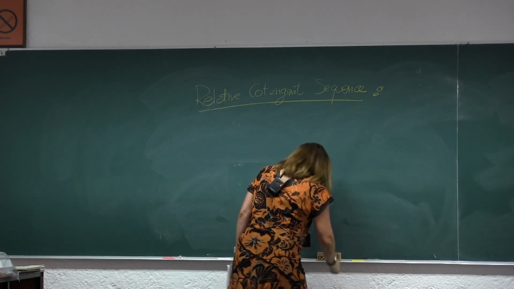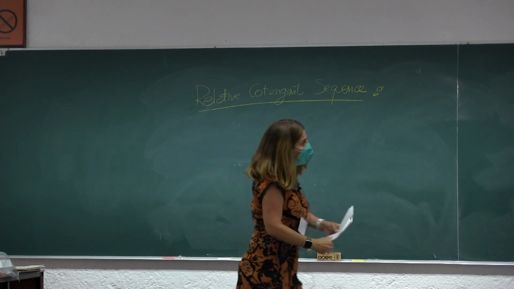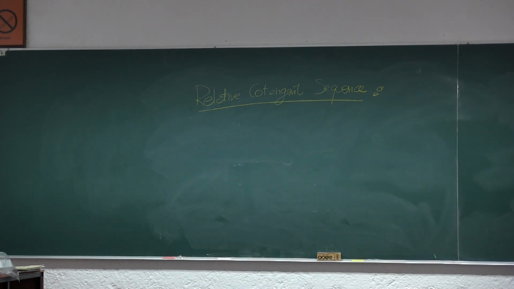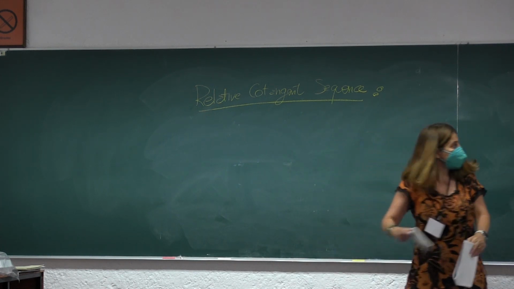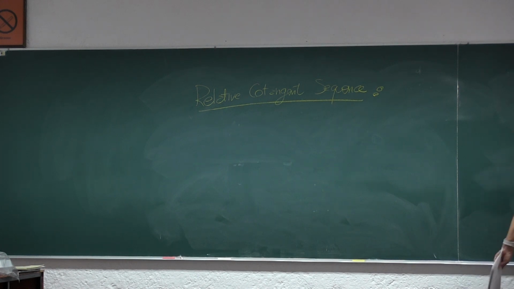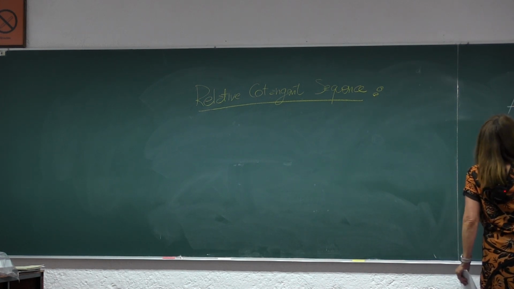And to describe the relative cotangent sequence, I'm really going to just use this diagram, but in a particular case, and we'll see which diagram we get. If I make it with a diagram, it's going to be clear. So the diagram is like this.